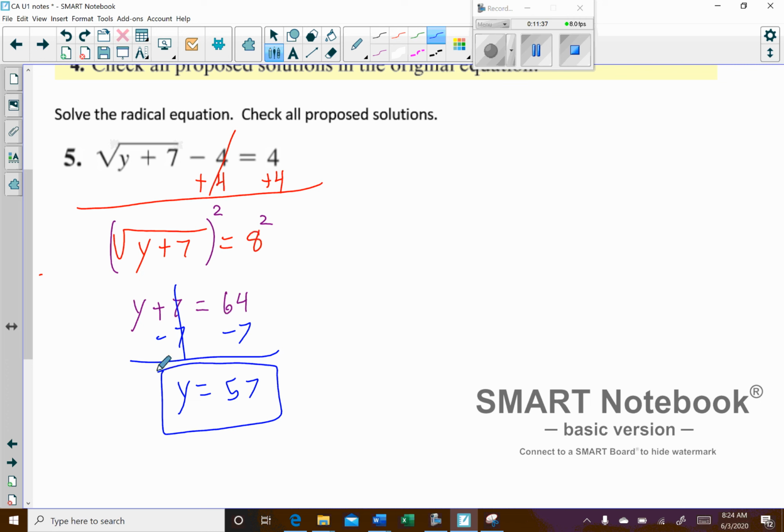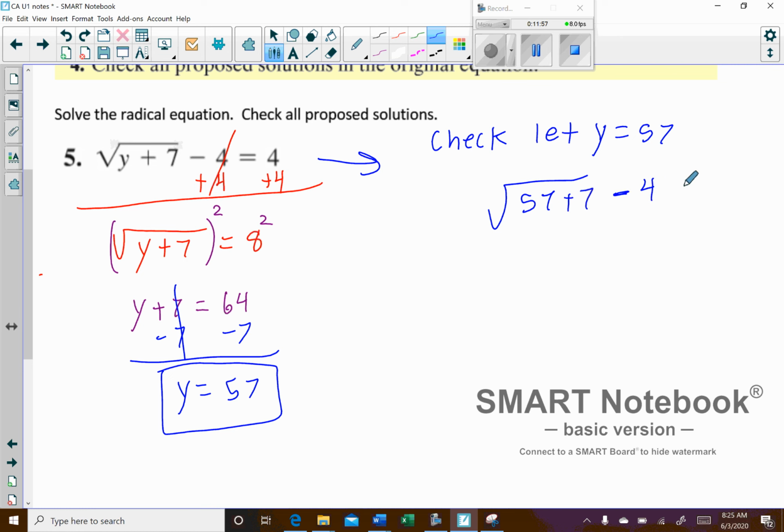Okay, so that looks good, but we want to go ahead and check it real quick. So we're going to let y equal 57 and make sure the math works out. So the square root of 57 plus 7, take away 4.